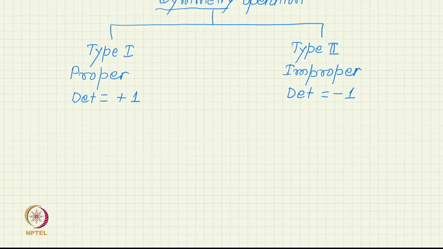But if it is a symmetry operation, it has to be plus 1 or minus 1. This is an application of what we learned when we were talking about the determinant in connection with coordinate transformation, where we said the determinant of a coordinate transformation matrix, determinant Q, was V old by V new.